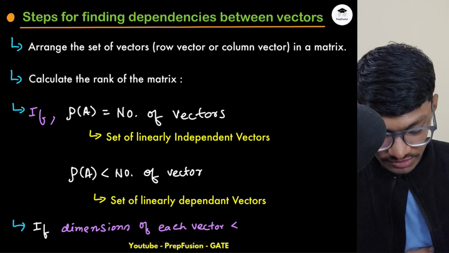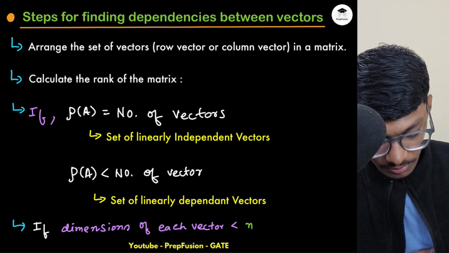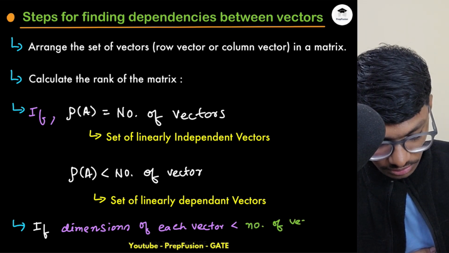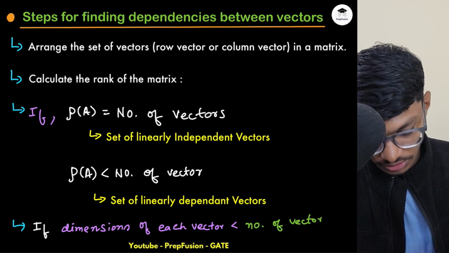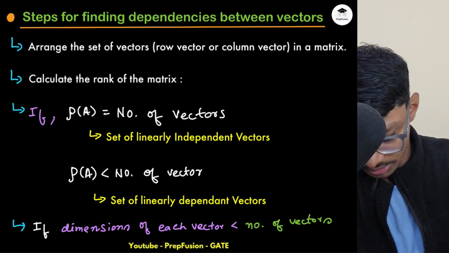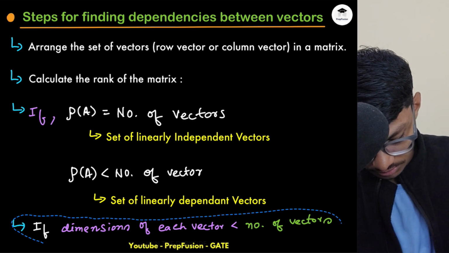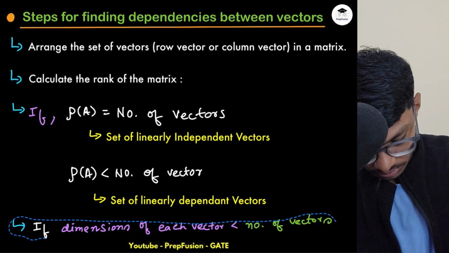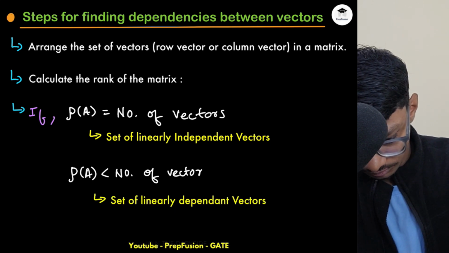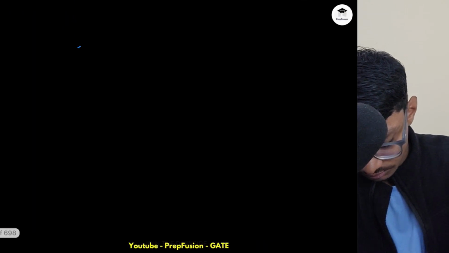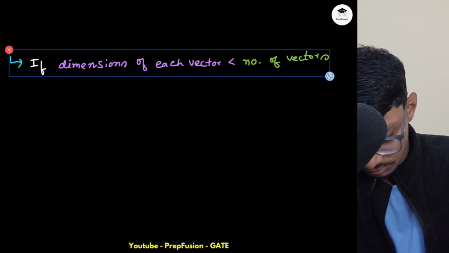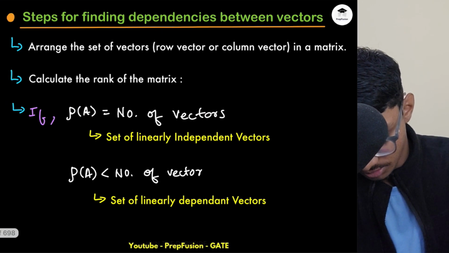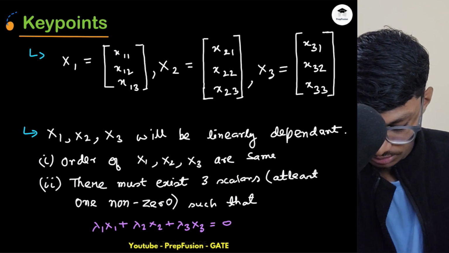If the dimension of each vector is less than the number of vectors, then I should write this as key points.